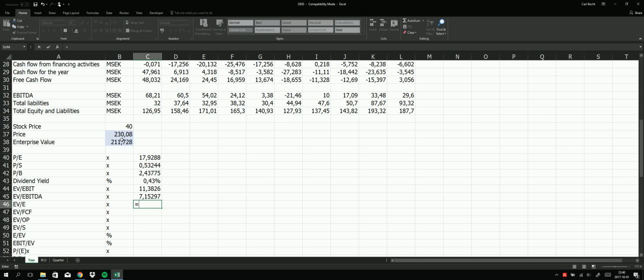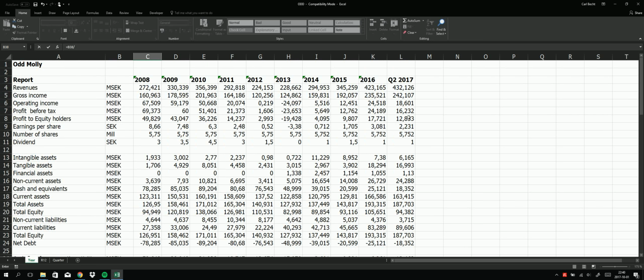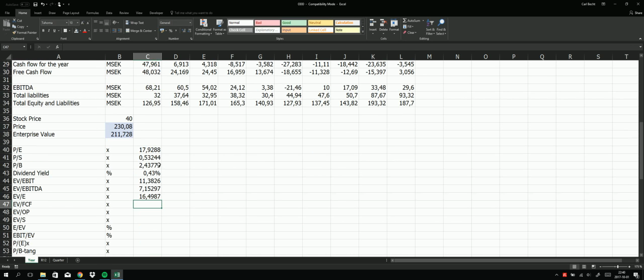Enterprise value to earnings, same principle, find your profit to equity holders. The only difference between enterprise value to earnings and price to earnings is the denominator, I think it's called.